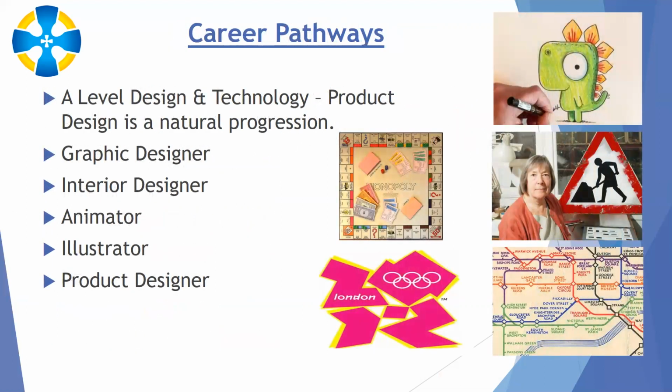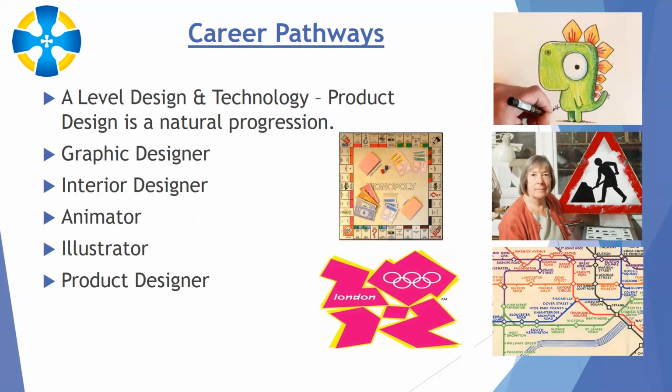Career pathways: it's a very natural progression onto the A-level design and technology course, which is product design. Other things that involve design include graphic designers, interior designers, animators, illustrators. I'll put a few pictures on there that you can see. Branding is obviously really important, and how successful your branding is.